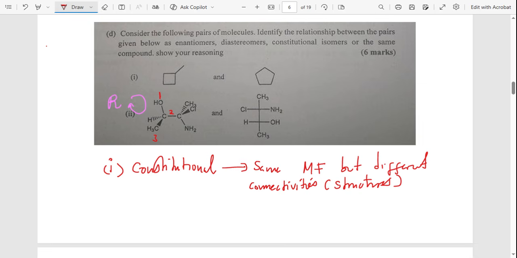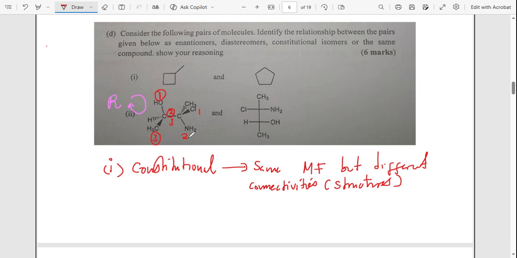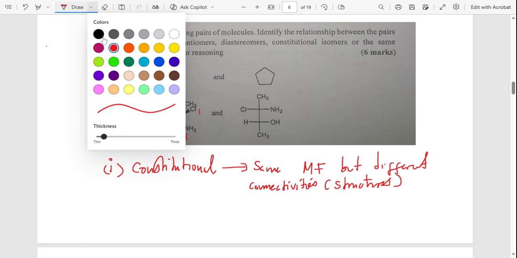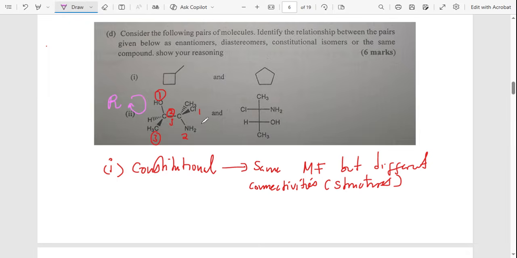Okay, it's chlorine. So this is going to be number one. Nitrogen will be number two. And then number three would be this big group this side. Let me circle this one so that you see that it's for the other one. So count again from 1 to 2 to 3. So it's like this. So the configuration here is still R. Okay, so this is R configuration.